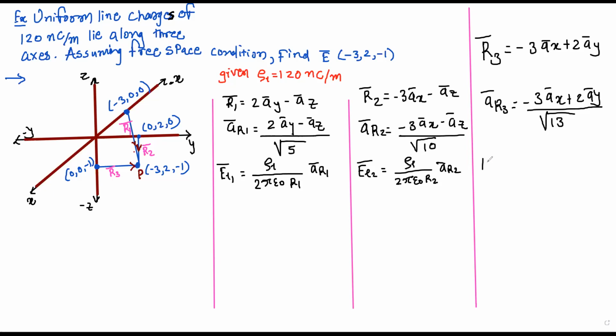And here EL3 is the electric field intensity due to an infinite line charge placed on the z-axis. So this is rho L upon 2 pi epsilon naught R3 a bar R3.